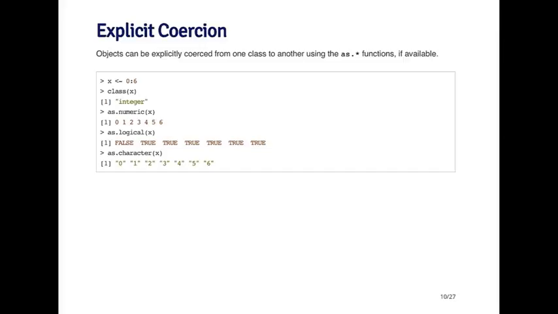So when I convert to logical, I get FALSE, and then everything else is TRUE. When I call as.character on x, it takes all the numbers and converts them into characters. So now I've got the string "0", the string "1", "2", etc. And finally, if I call as.complex, this is fairly straightforward, because all it does is say that you have a complex number where all the imaginary components are 0.